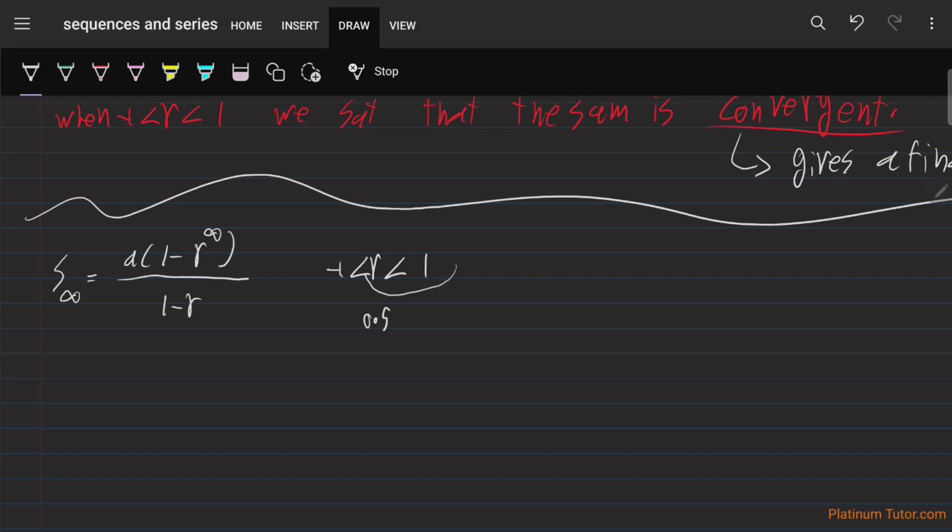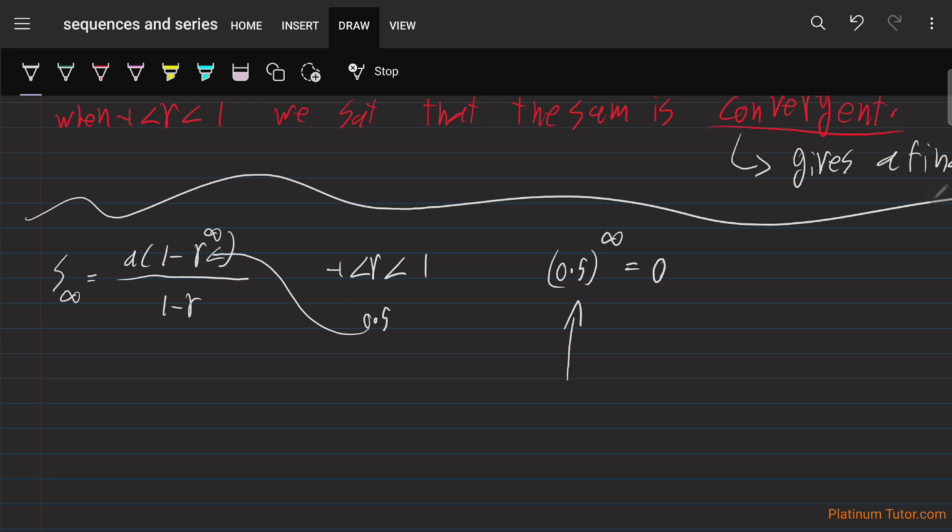Let's just think about a number that's less than 1 and greater than 0, like 0.5. Okay, so if that's our common ratio, here's what's going to happen. If you grab any number that's between 0 and 1, and you raise it to the power of infinity, you get 0. Okay, and you guys can test this out at home on your calculators. Put in any number that's less than 1 and greater than 0.